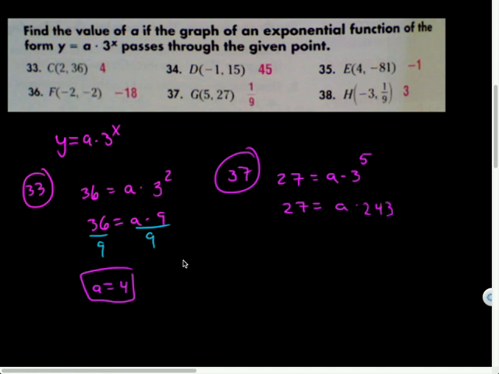And then I would divide both sides by 243. Both of these are divisible by 9. Actually, they're both divisible by 27, apparently. It reduces to 1/9. So that's the idea behind those.